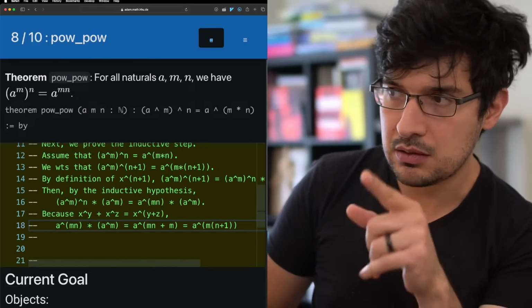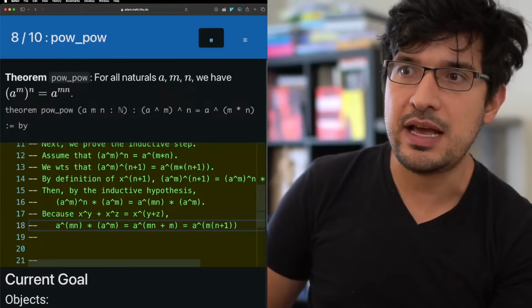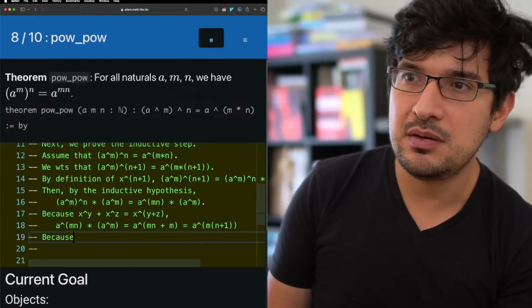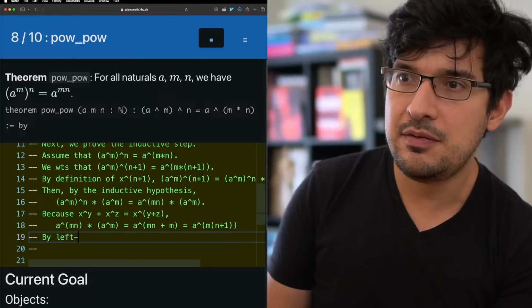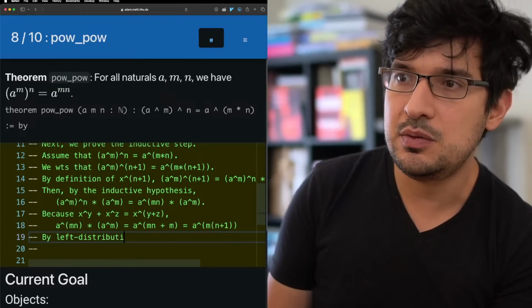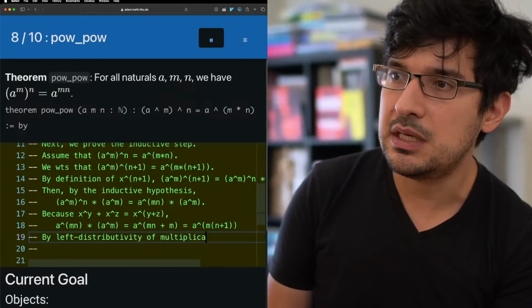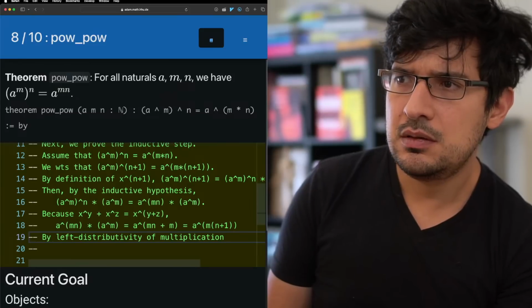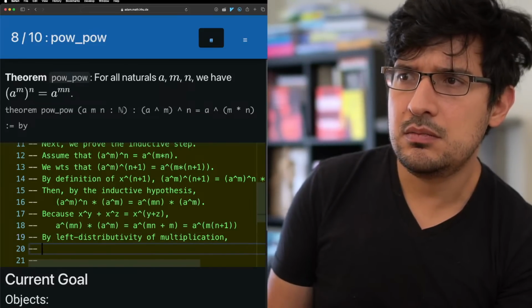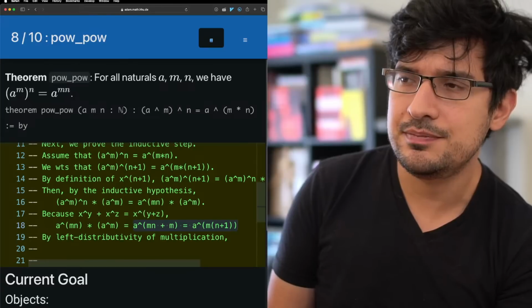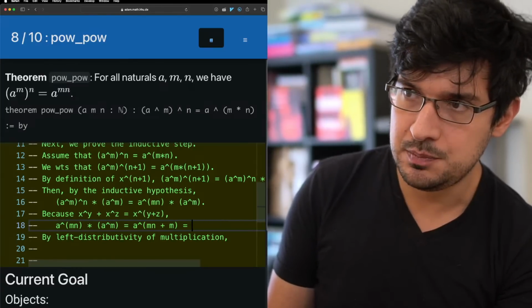But we have a proof of that next equality. So I'll make this really explicit. By left distributivity of multiplication, we have this next little equality.